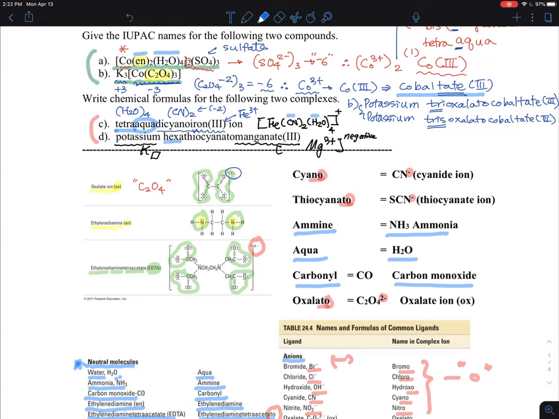Okay, how do we figure it out? Hexathiocyanato. So thiocyanato means SCN minus, and there are 6 of them, right? So if you have 6 of them, and then this is Mg2+, what you should have is, so this is how your logic should think about.